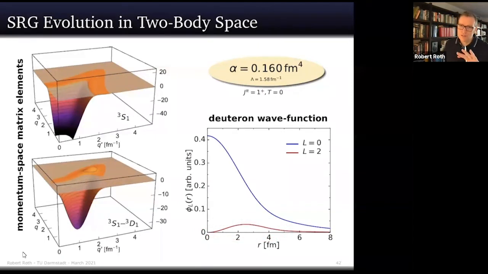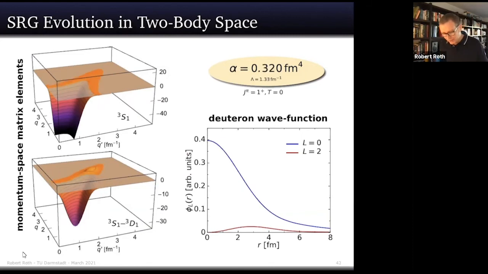So you also address these tensor-type correlations. You remove probability from the D wave. That has to do with the fact that this off-diagonal piece here is also shifted or reduced to lower momentum components, and it's getting weaker altogether. This is also helpful for your subsequent basis expansion many-body calculation.